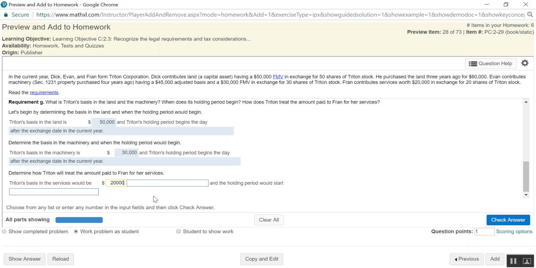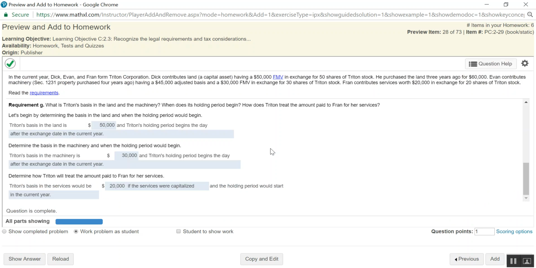But in the case where they actually capitalize the services, which they likely would in the year that the corporation was formed, and that's covering some concepts that we haven't learned yet, but you can read about it in the book, it talks a little bit about capitalization versus expensing of those services that are provided. In the case where the services were capitalized in the formation year, then they do get a basis of $20,000, and their holding period would begin in the current year in which the services are provided.